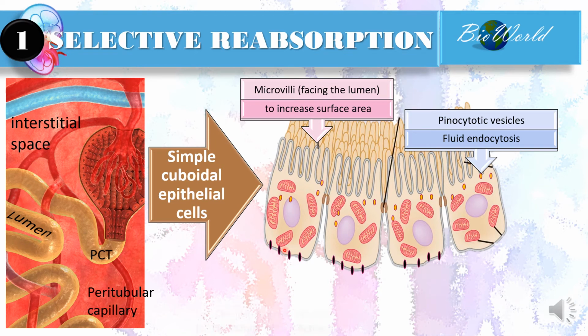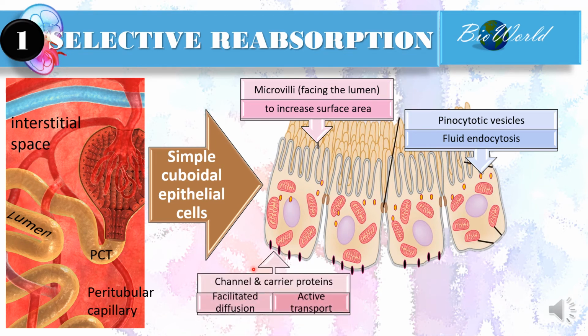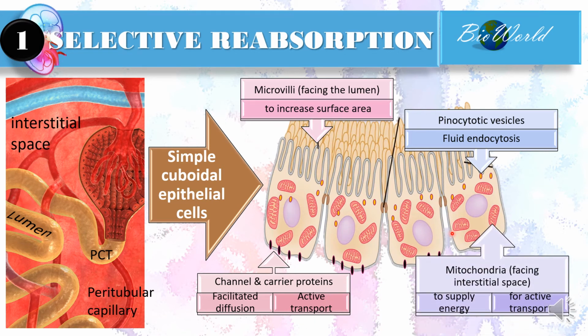On the opposite end of the cell, there are many channel and carrier proteins to enable facilitated diffusion and active transport of the useful molecules from the lumen of the proximal convoluted tubule into the peritubular capillary. As you can see, since active transport is involved, naturally these cells will have a large amount of mitochondria to generate ATP.